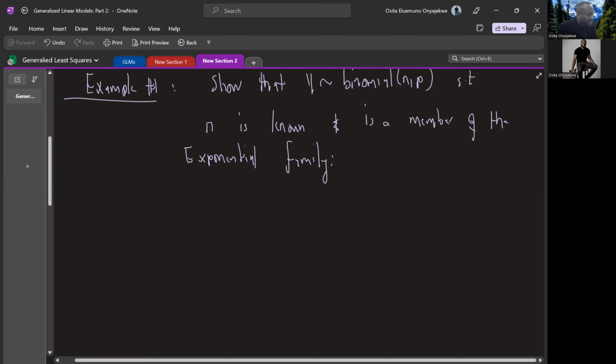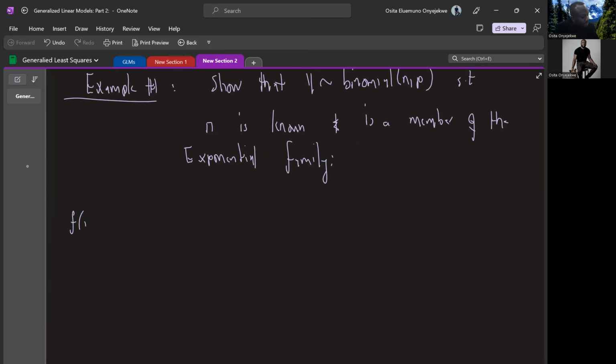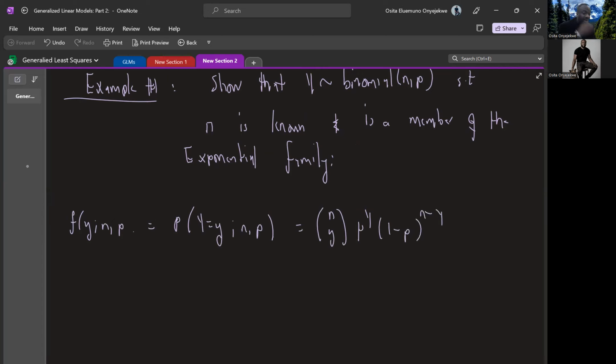So in this case, we are going to have f of y given n and p. This is going to be the probability of y equaling little y given n and p. This is n choose y, p to the y, 1 minus p to the n minus y.